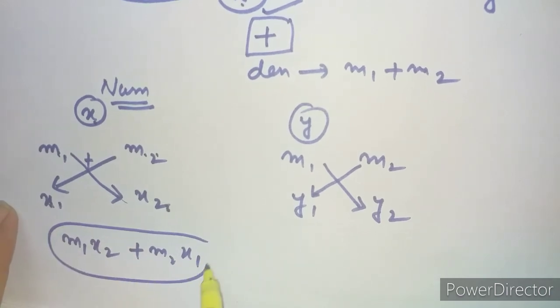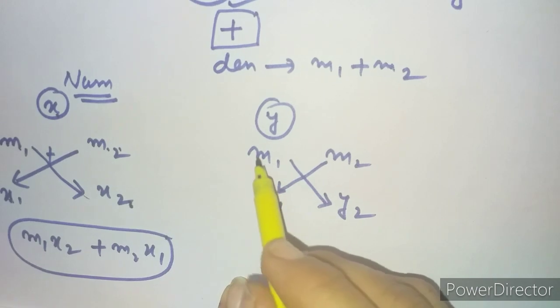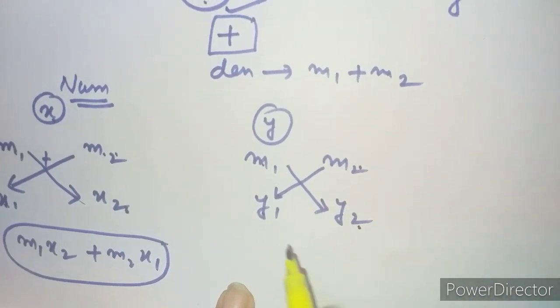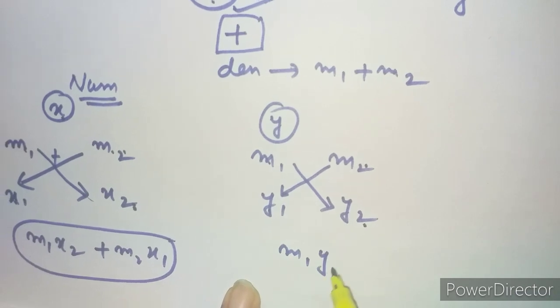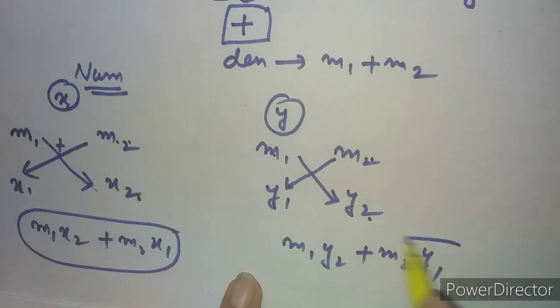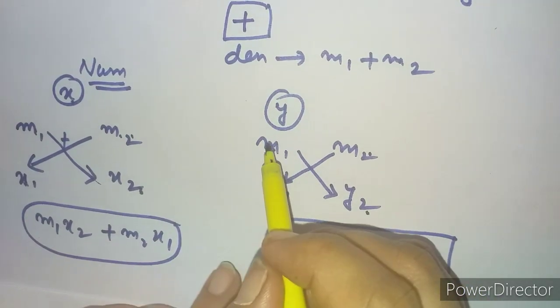This is the numerator of the x part. In the same way, for the y part, if I write m1, m2 here and y1, y2 here, it will simply be m1 y2 plus m2 y1. These are my simple hints with which you can easily remember the section formula.